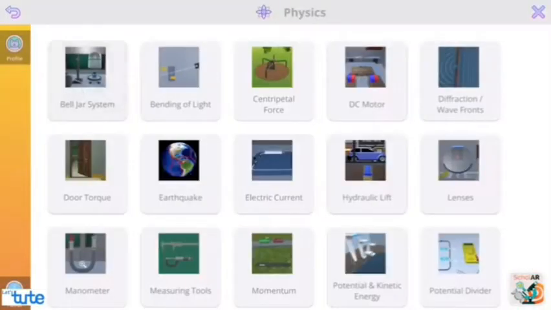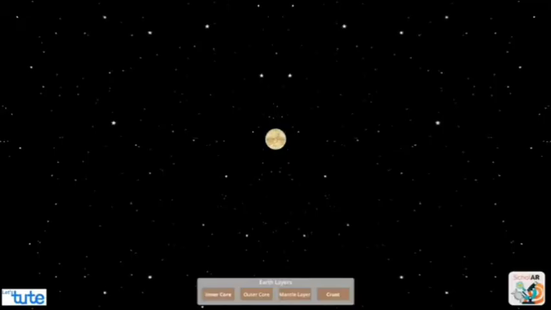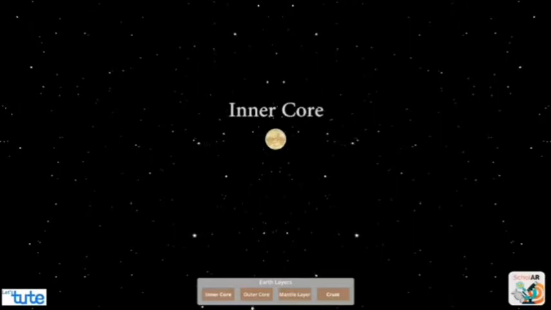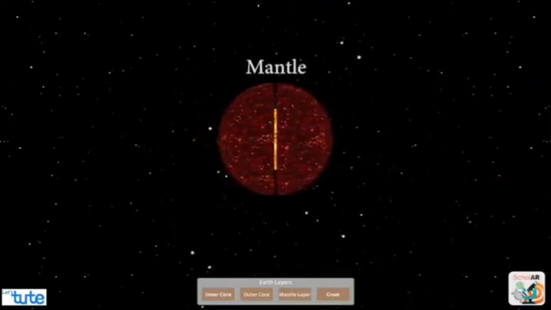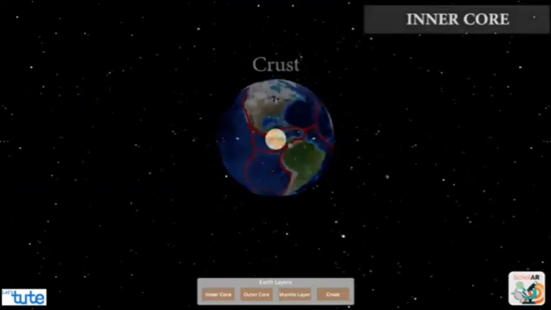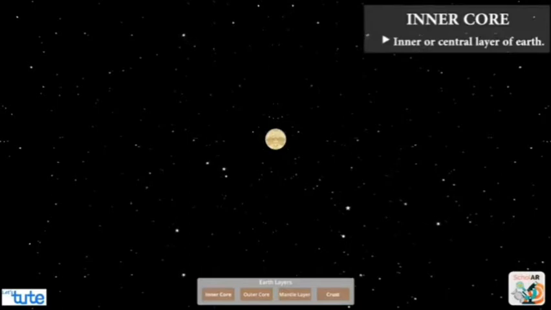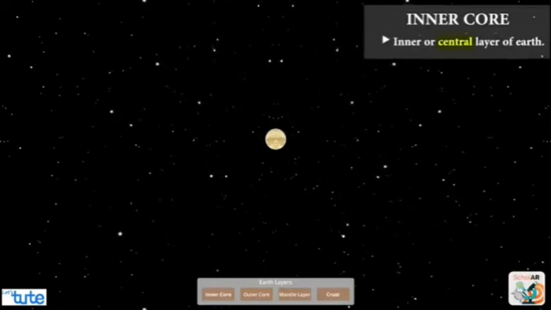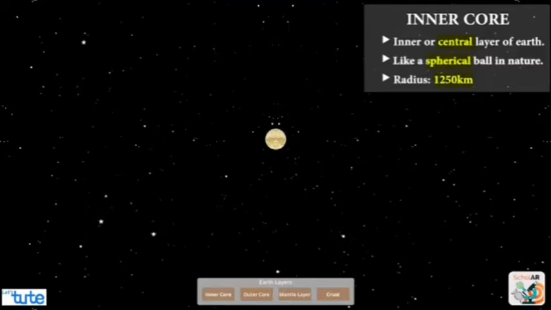In order to know more about earthquakes, let's jump to the simulator. What we can see on the screen is the inner core of the Earth, and then we have the outer core, mantle and crust. The inner core, as the name suggests, is the innermost layer of Earth. It is like a solid spherical ball with a radius of 1250 kilometers.